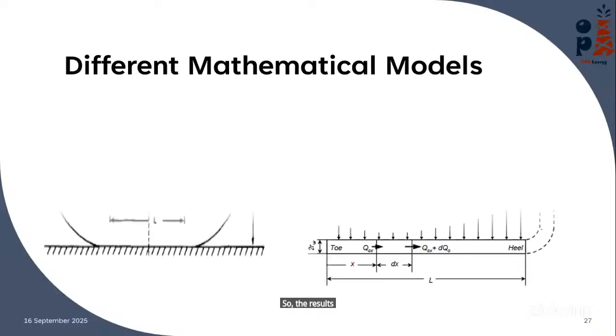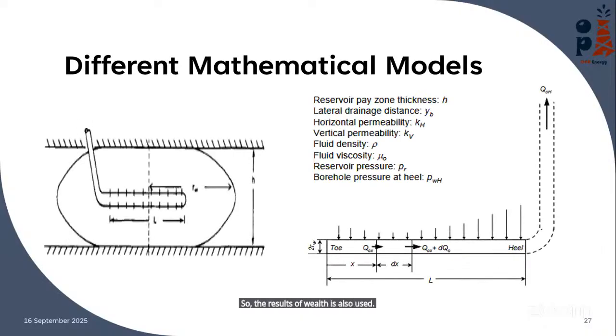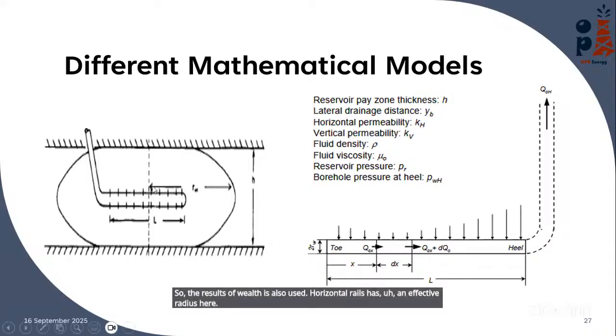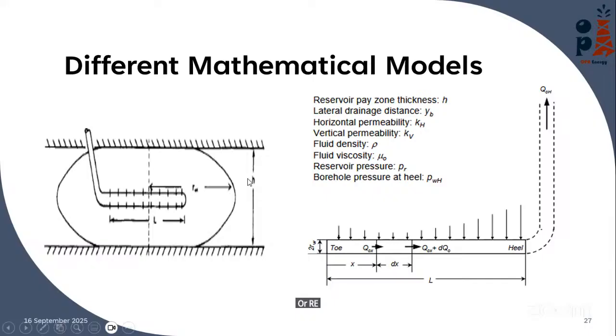A horizontal well has an effective drainage radius, called reh, which is the drainage area of this well. We also have the pay thickness, a toe, which is the end of the horizontal section, and the heel, which is the start of the production or horizontal section of the well.